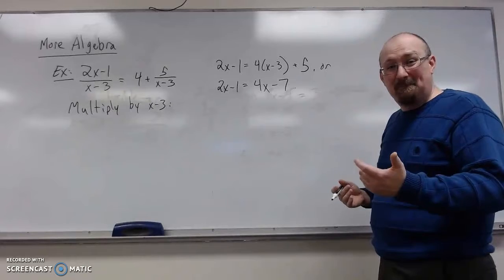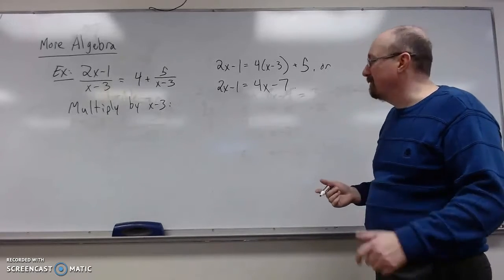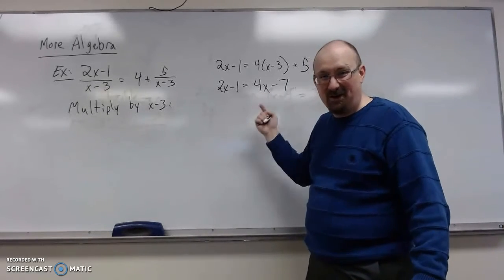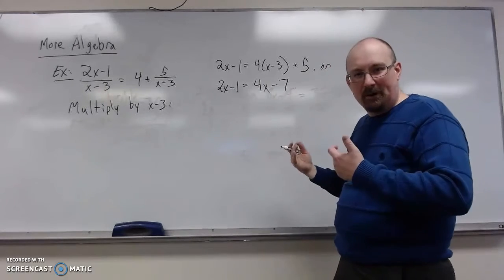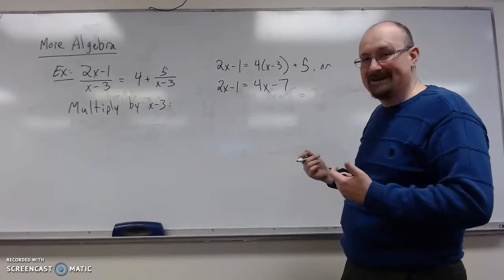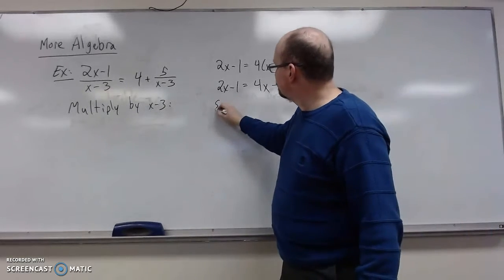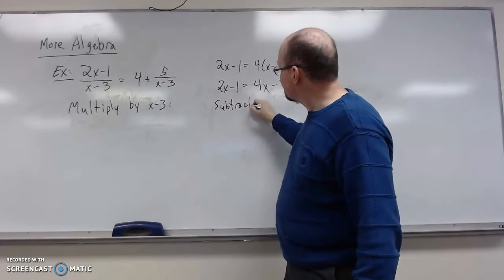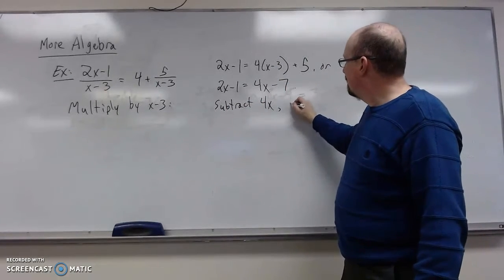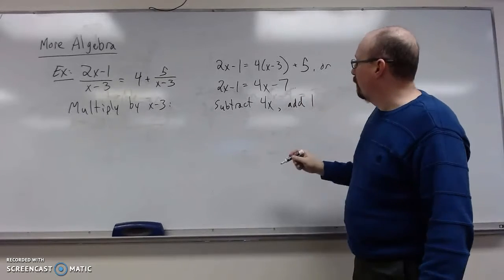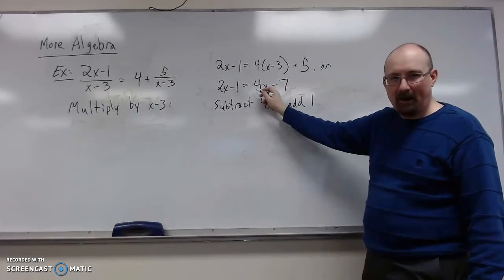Now we're basically back in the situation that we were in before. We need to get all the x terms on one side, I'll go to the left, then get the number stuff over on the right-hand side. So if I subtract 4x from both sides and also add 1, that's going to get rid of that 4x right there.